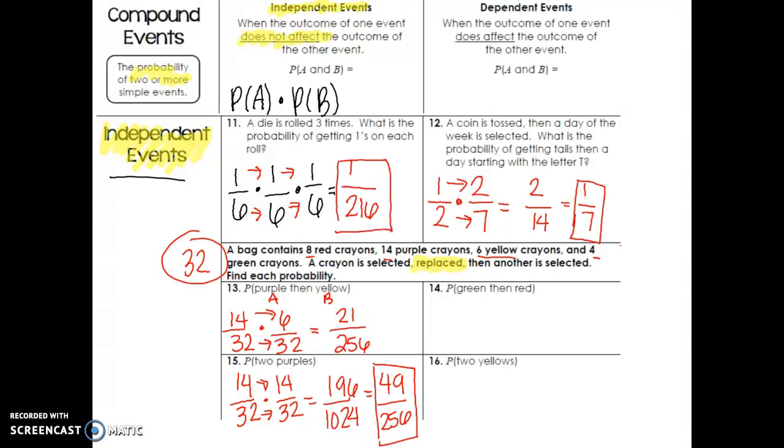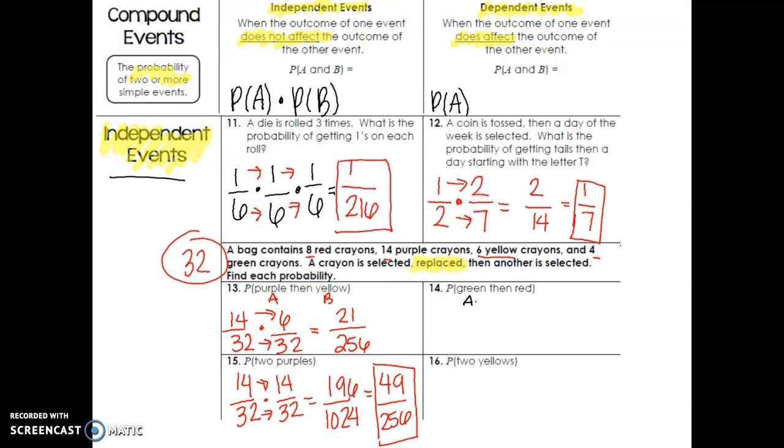But now let's look at dependent events. Dependent is when the outcome of one event does in fact affect the outcome of the other event. So we saw this one slightly differently. The probability of A and B happening is actually the probability of A. So we're always going to leave the probability of A alone.